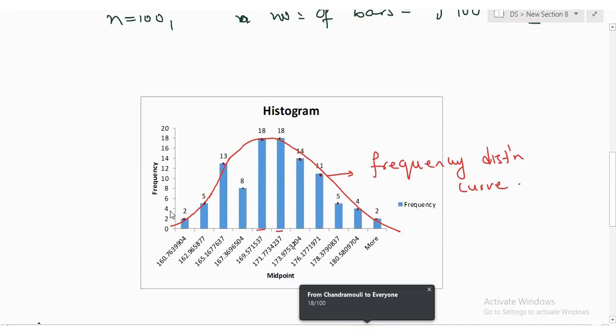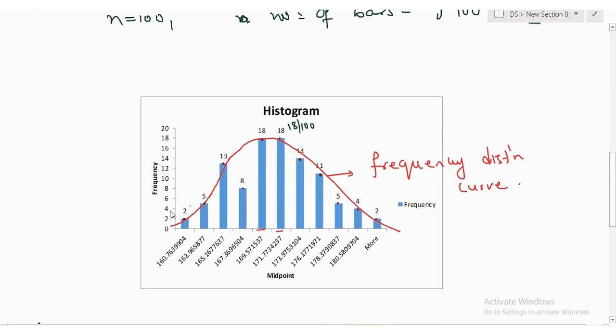So I'm going to pick a person. What is the chance that he is going to fall in this interval? 170 is the midpoint. Some interval is there. What is that probability? 18 by 100. Agreed or not?